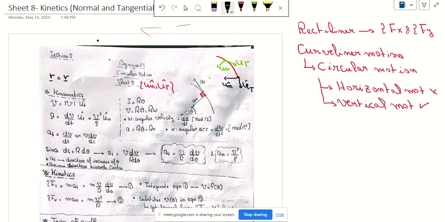If we have this origin and this particle, this is r. But here we don't have a fixed origin, we have a movable one which always coincides with the particle. So in this case we can't have a special expression for the position vector, and it is not applicable while we are using the normal and tangential components during the kinematics.